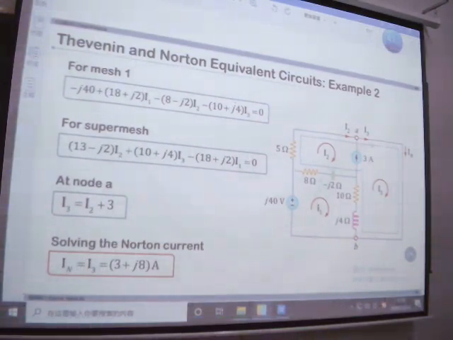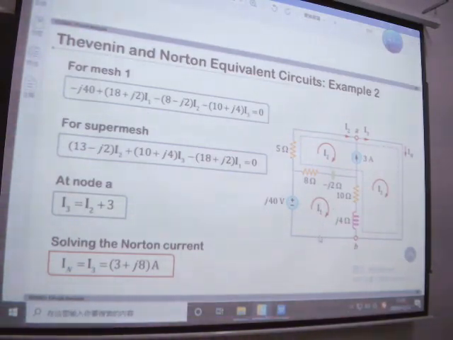Okay, in the original circuit we have 3 meshes, but here we have a current source on the joint branch. So we take I2 and I3 as the supermesh. So actually we just need to write out 2 KVL equations for mesh 1 and the supermesh.